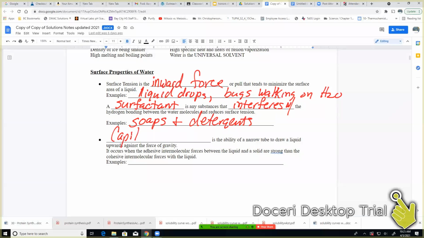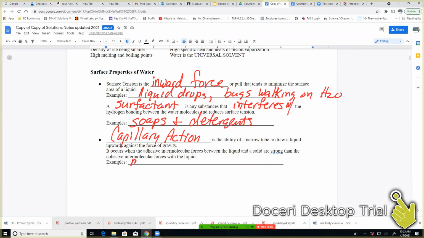Capillary action is when water will move up a small tube on its own, because it's more attracted to whatever the tube is made out of than the water molecules are attracted to itself. So if you've ever got blood taken, maybe where they prick your finger and then they come with a really small glass tube and the blood just flows up it, that would be capillary action.